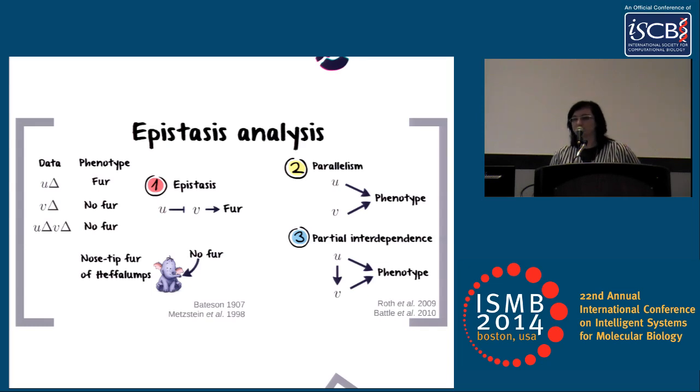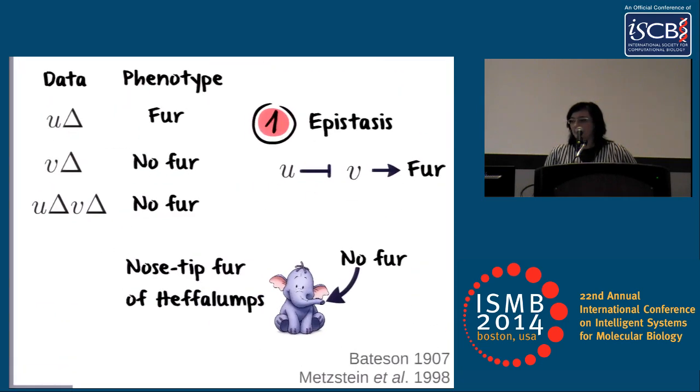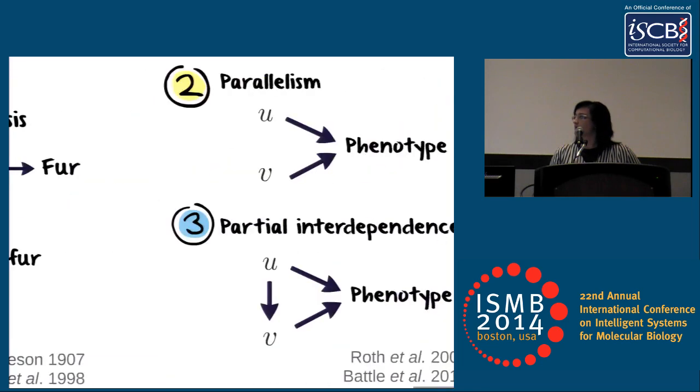So the question is, what can be a network and basically relationships between these genes and the phenotypes that we are interested in? Obviously, in our usual world, these elephants don't have fur on their nose tips. A relation that is consistent with our observation is shown here on the right side.